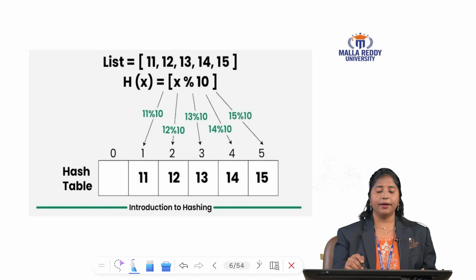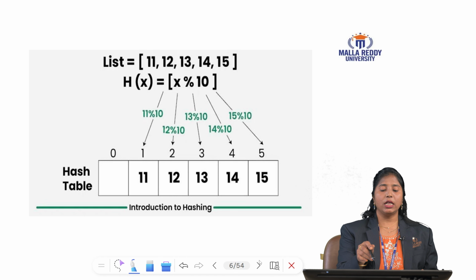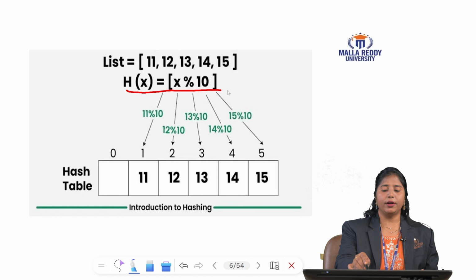See the diagram, how we are finding the hashing and how we store the data in the hash table. See the list: we have the elements 11, 12, 13, 14, 15. Here I have used a hash function. We have four types of hash functions. This one is the division modulo method.